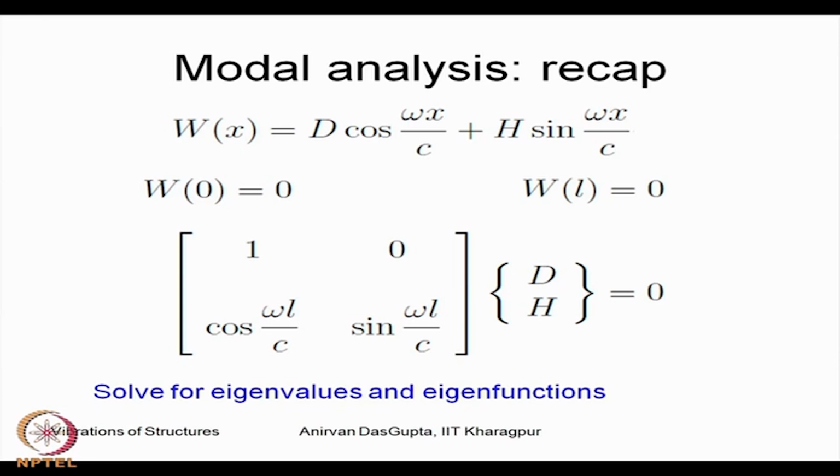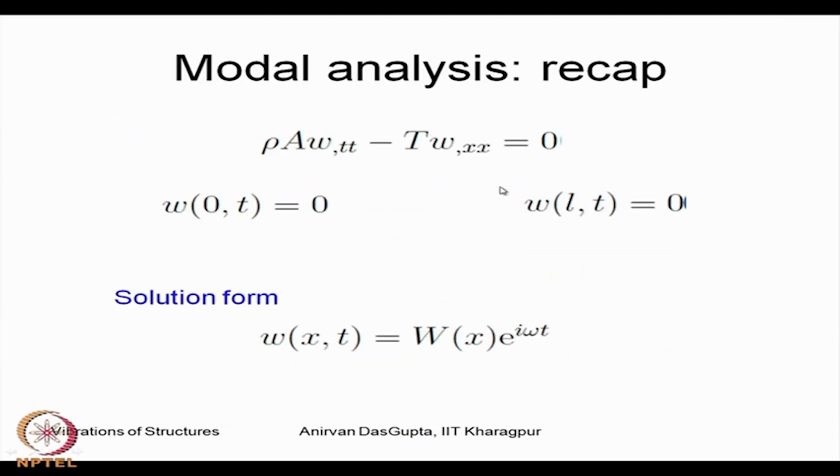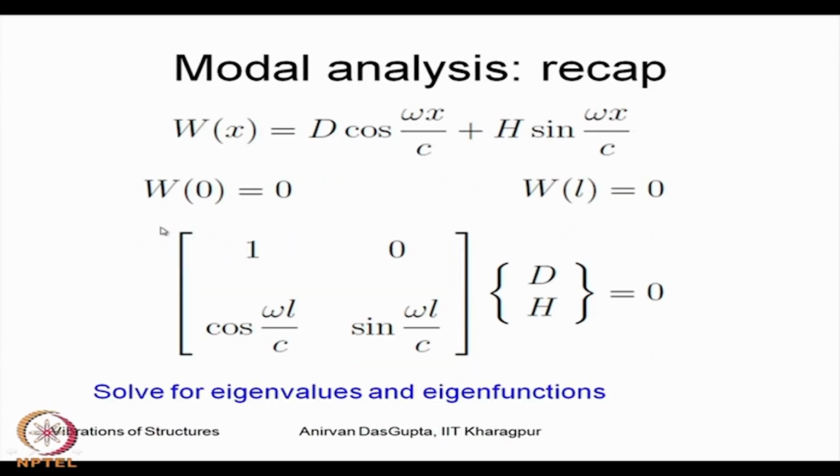The point to note here in the modal analysis is that we obtain the eigenvalues and eigenfunctions when we have boundary conditions, these boundary conditions in our original equation. If we do not have boundary conditions, then what happens?